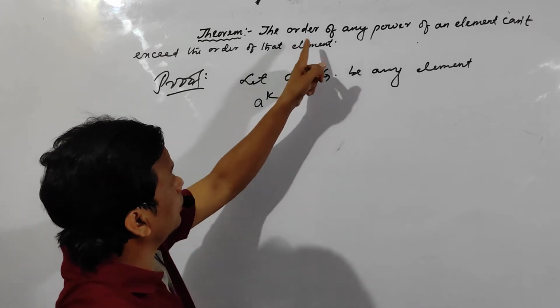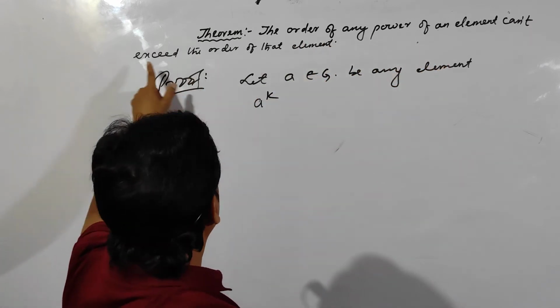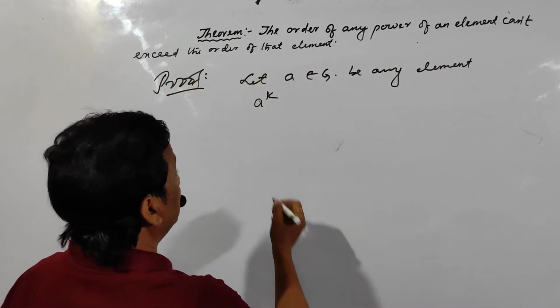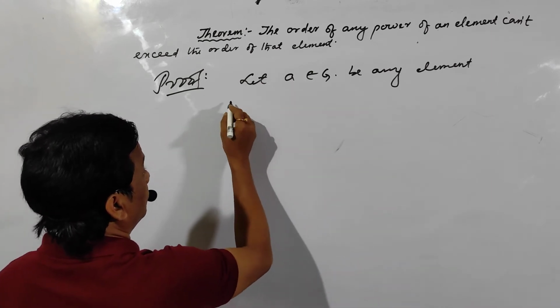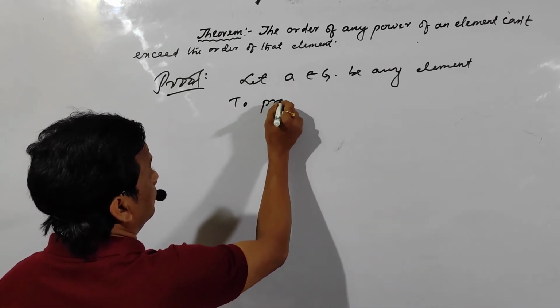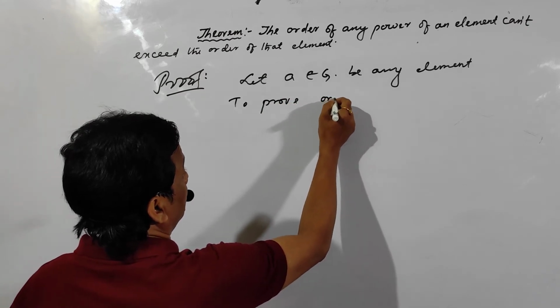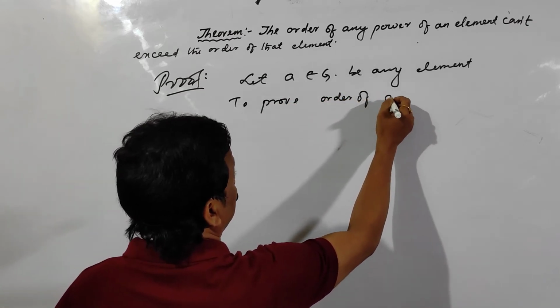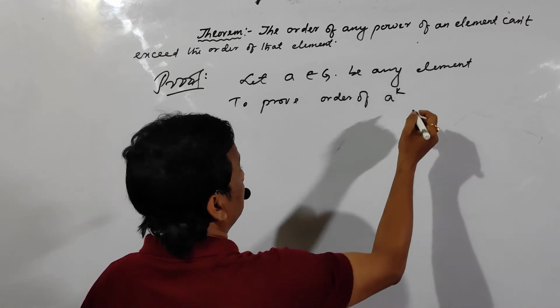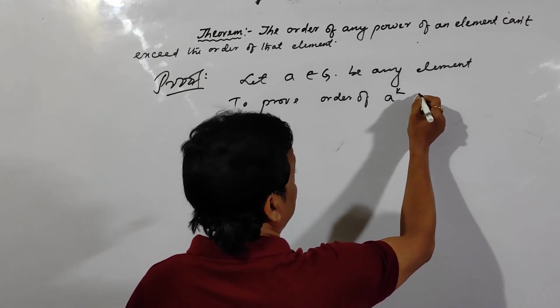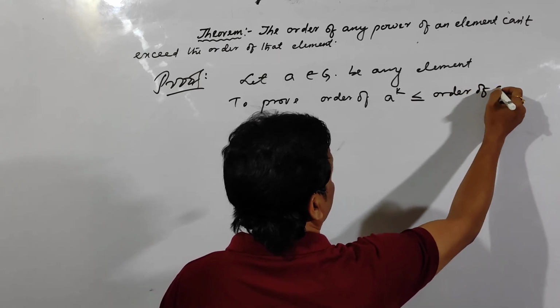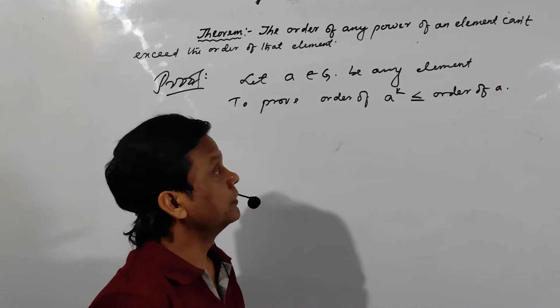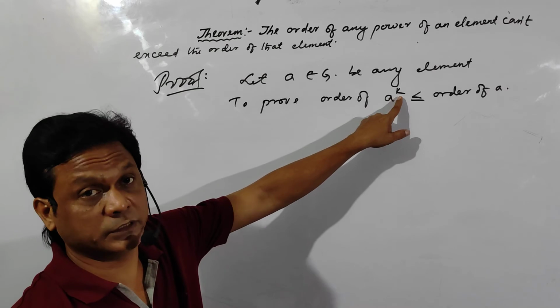We have to prove the order of any power of an element cannot exceed the order of that element. That means we have to prove the order of a to the power k cannot exceed, that means less or equal to, the order of a. k is a positive integer.